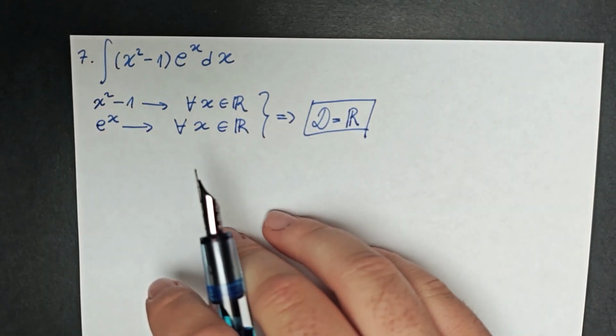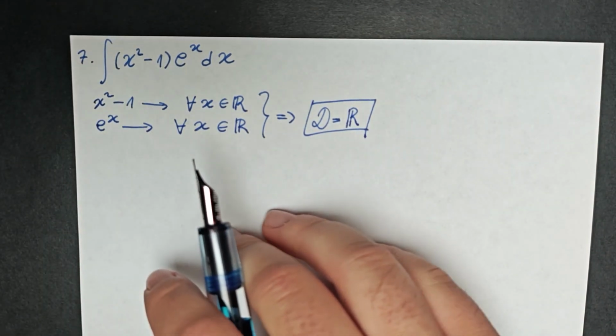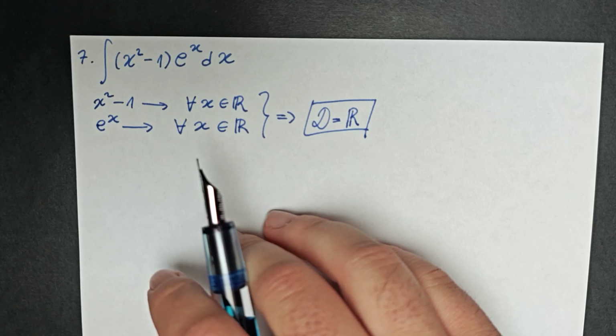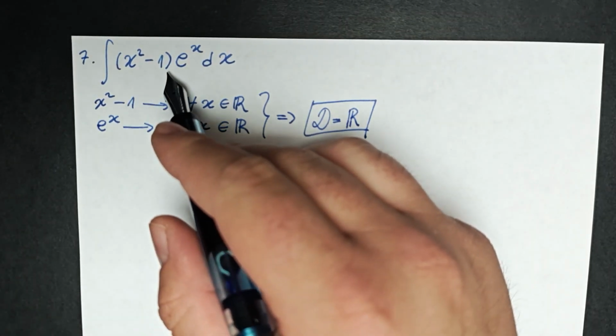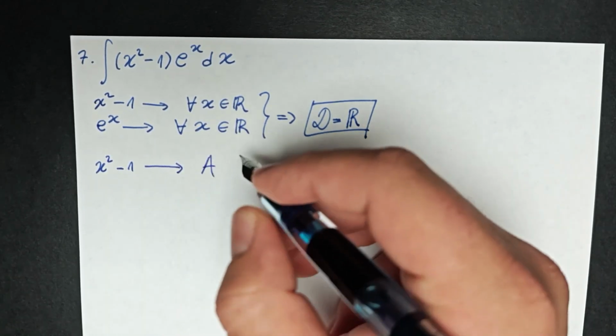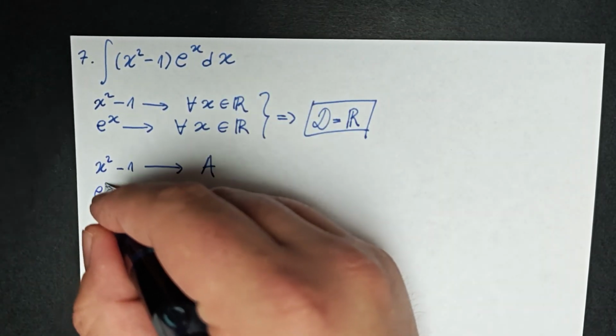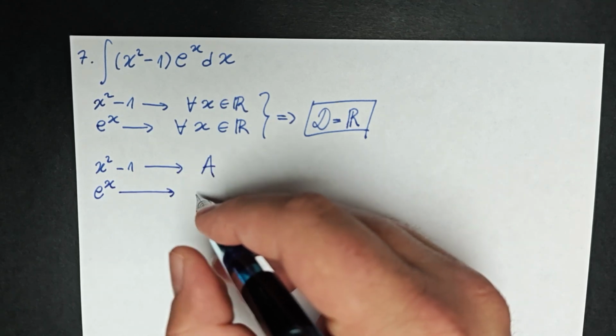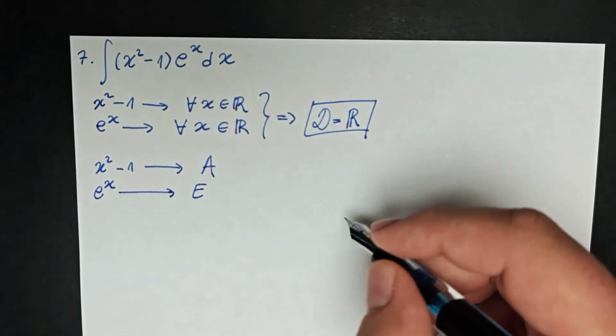We are again going to use the integration by parts method to solve this integral. We have the polynomial x squared minus 1, and that is algebraic. We have the next part e to the power x, and that is exponential.